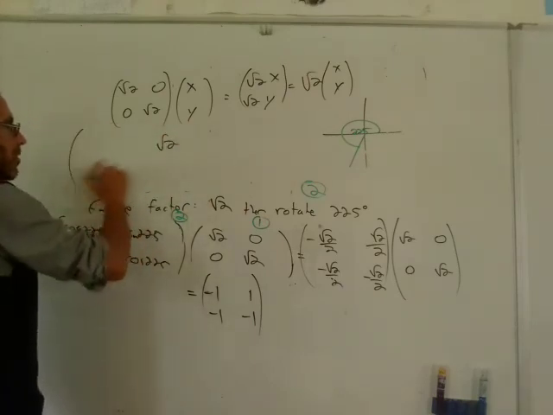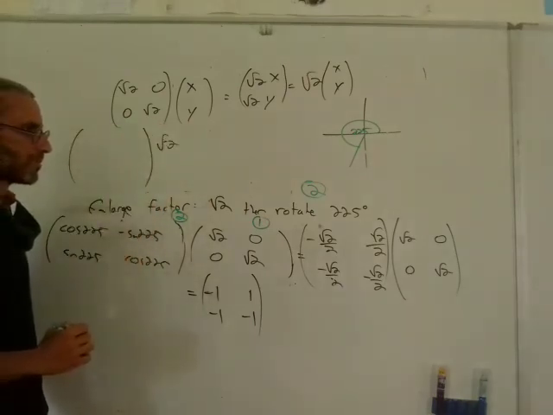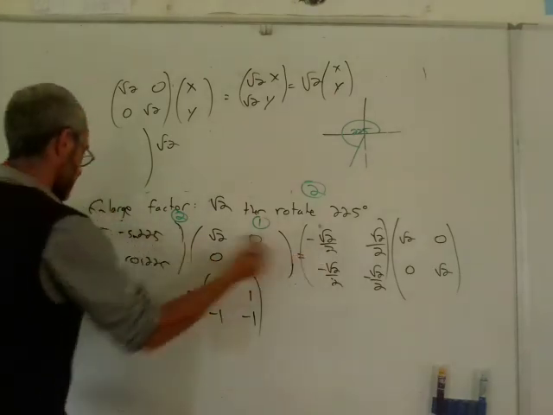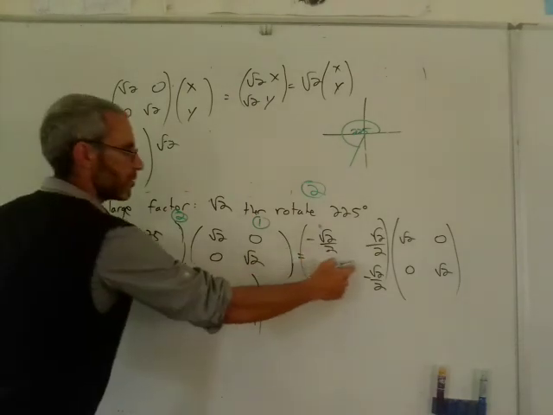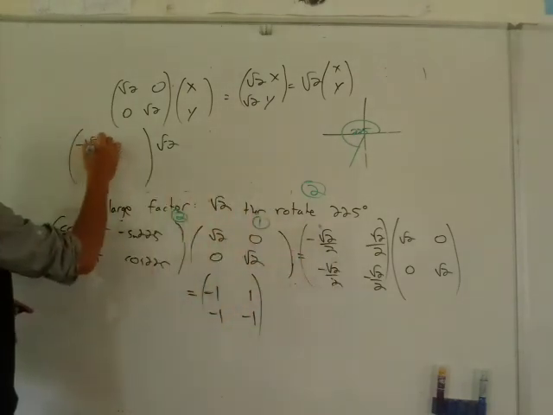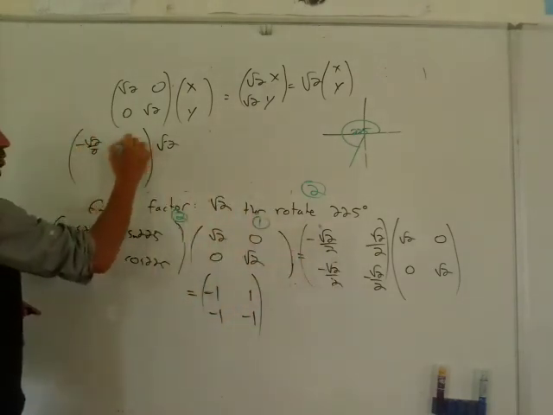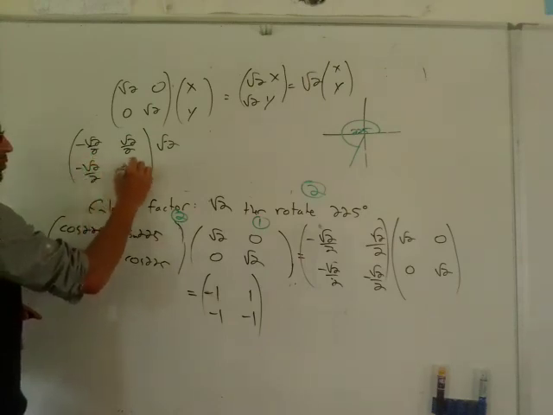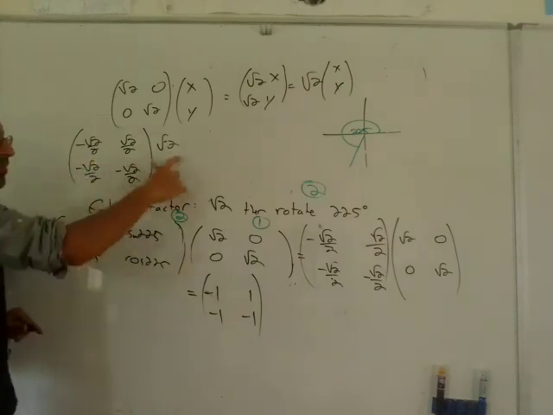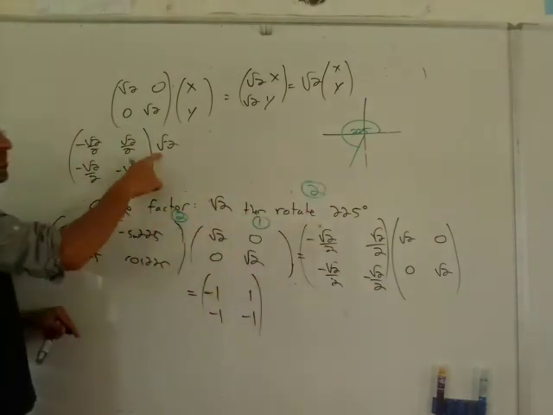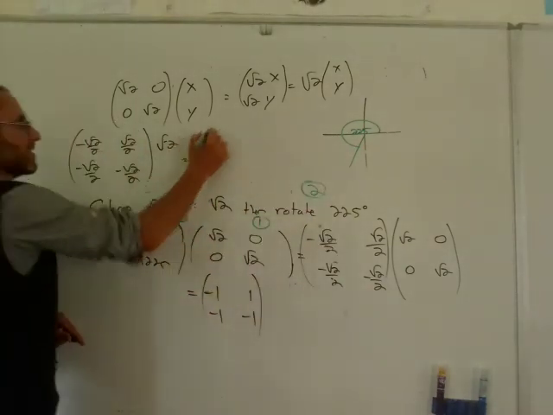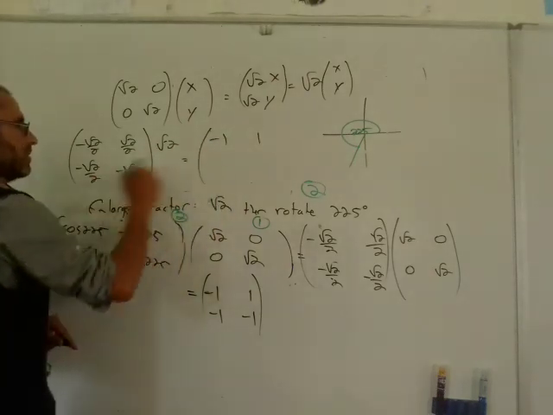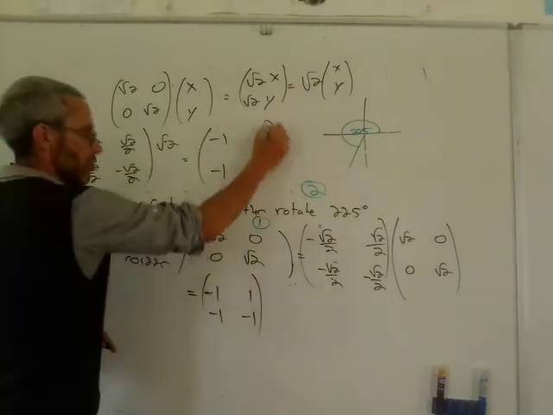And then here I will put the matrix, instead of cosine 225: minus square root 2 over 2, square root 2 over 2, minus square root 2 over 2, minus square root 2 over 2. Instead of multiplying by a matrix, I can multiply by a scalar. In any case, I will have minus 1, 1, minus 1, minus 1. You get the same answer.